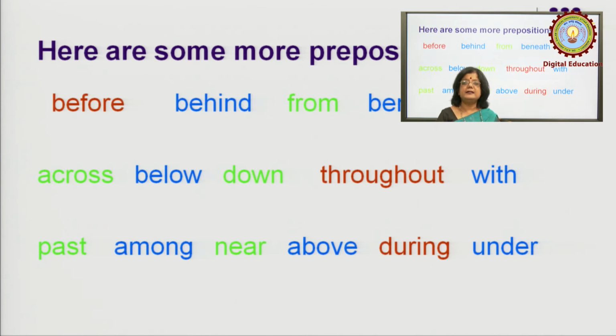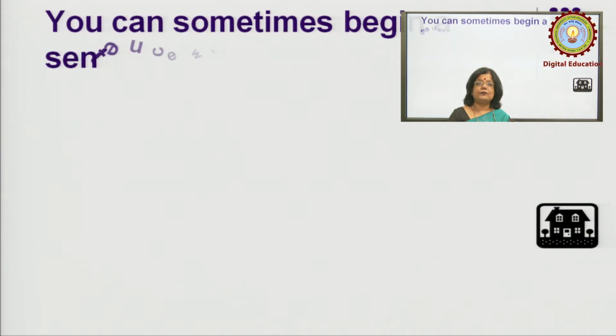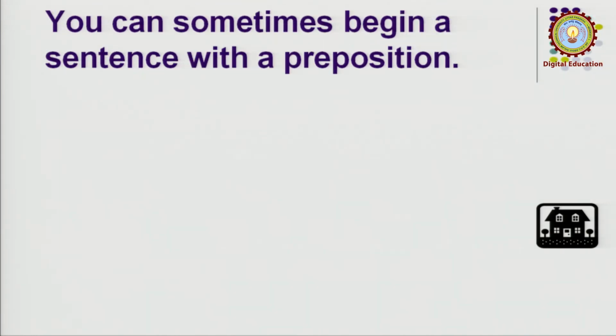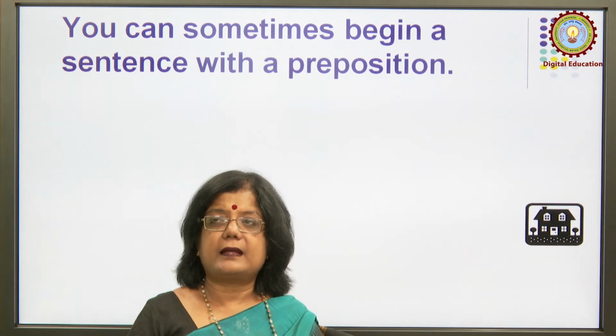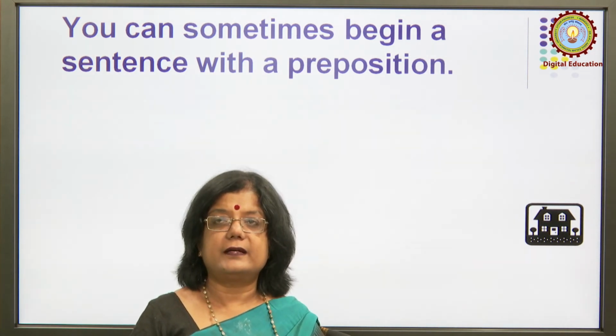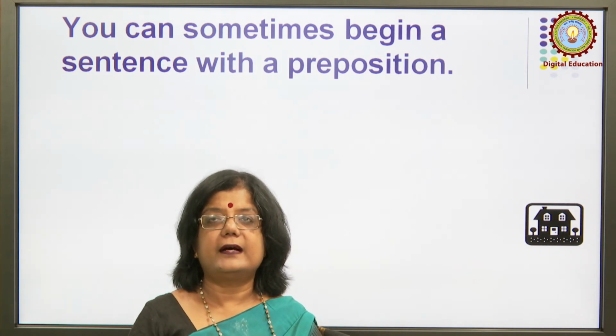During the interval period we can relax. Under. Under the shadow we can take rest. So, these are some of the very common prepositions which clearly denote the position of a noun or a pronoun with other part of the sentence.